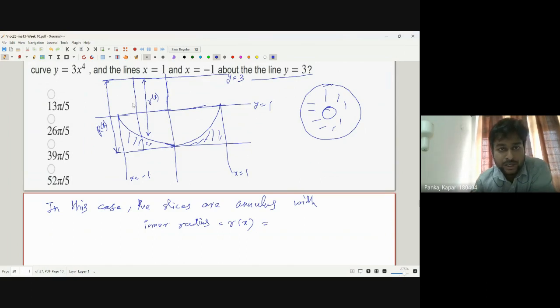So the inner radius small r of x will be capital R of x minus this distance, right? If you are at a distance x, let's say this is your x, that means this distance is y.